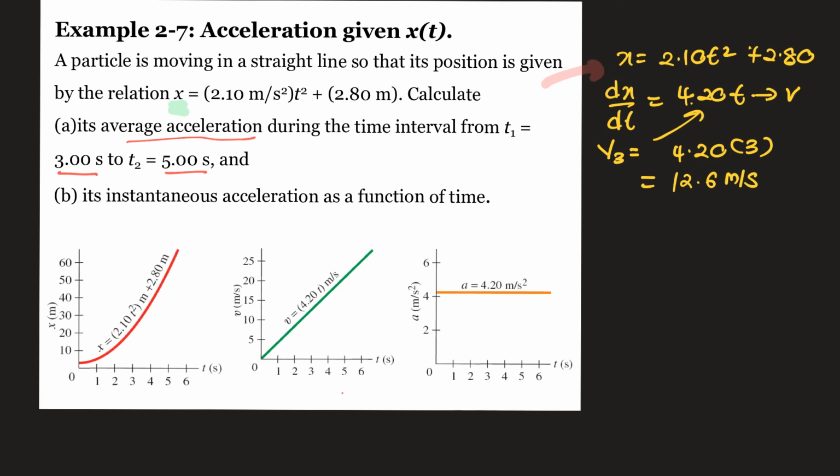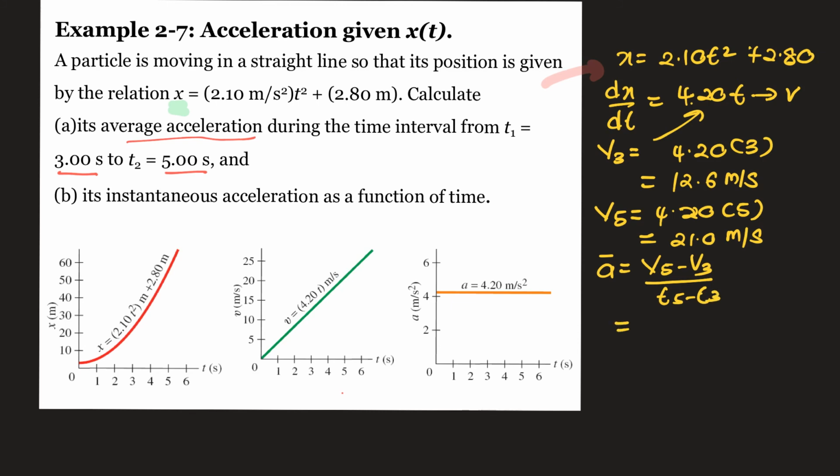Then you need to find the v at 5 seconds, which is 4.20 times 5, and you are going to get 21.0 meter per second. Then you put it inside the formula, which is v final minus v initial, v5 minus v3 over t5 minus t3.